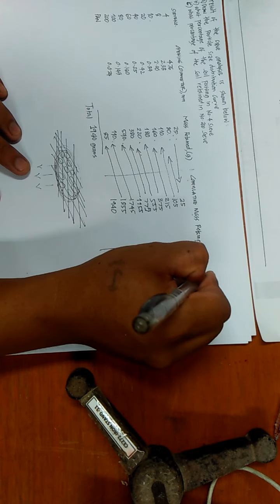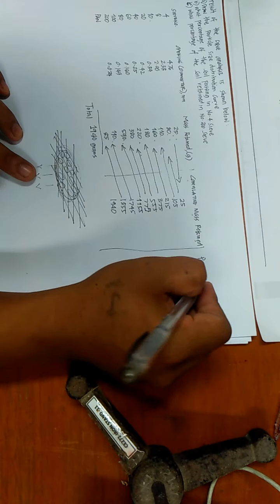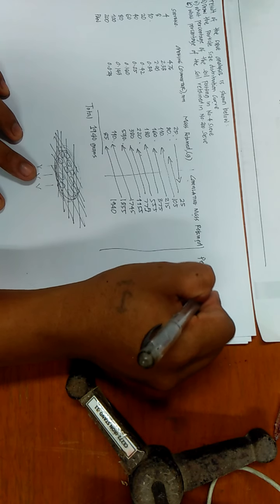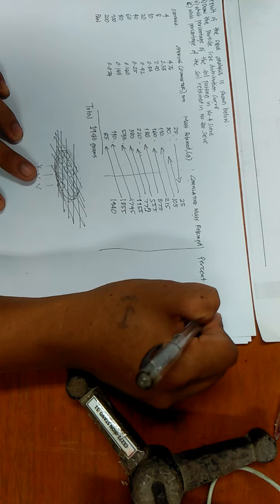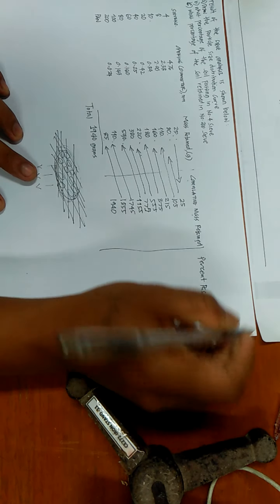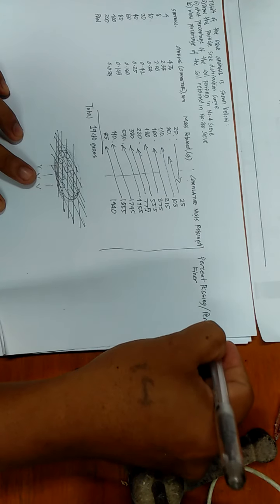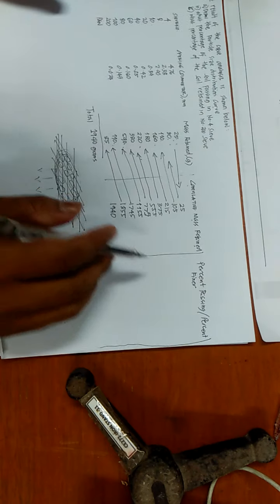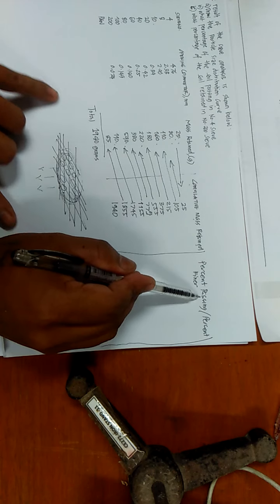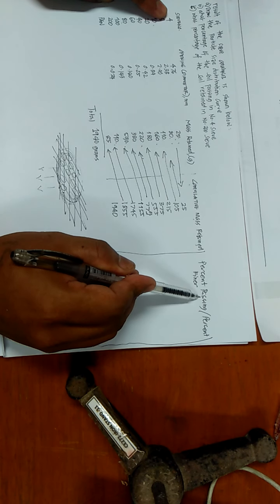So, this is now our fifth column, percent passing. Or ito yung tatawag natin percent finer. So, dapat in terms of percent yung answer natin dito. So, for your sieve number 4, how to solve the percent passing for your sieve number 4?